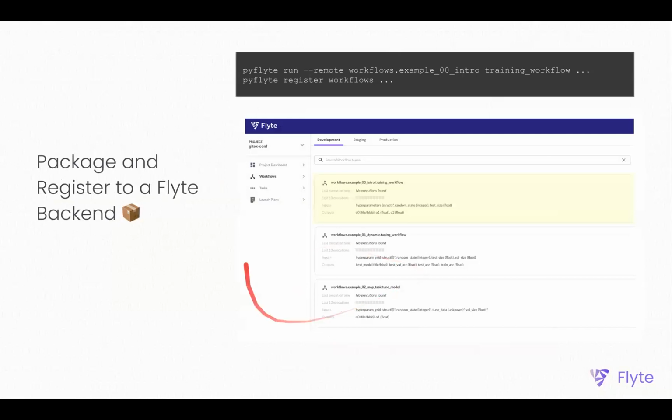This is what the Flyte UI looks like. It's fairly minimalistic and simple to work with, but there are essentially 2 ways of doing this. You can either call pyflyte run. pyflyte is the CLI that ships with Flytekit. You can specify to run it on a remote Flyte cluster. You point it to the module and the workflow that you want to run.